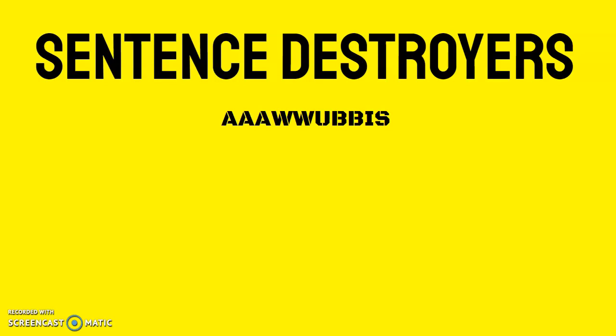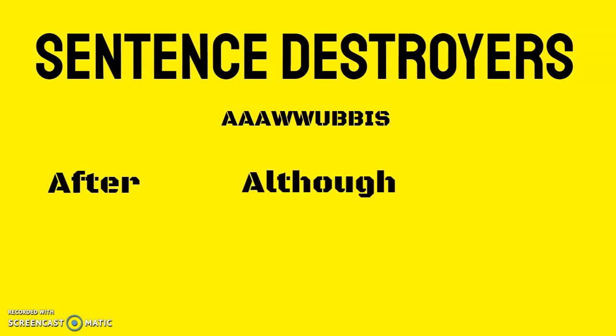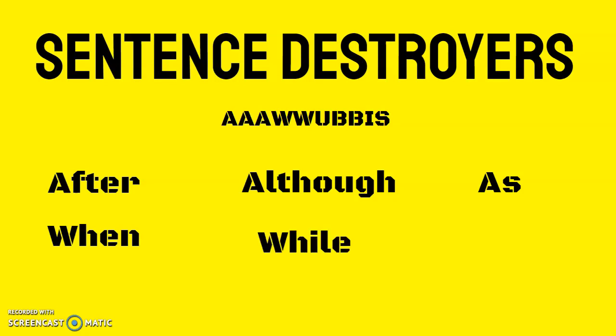Just to give you a refresher, it's AAAWWUBBIS. And that doesn't mean much to you maybe right now, but we'll get into it. So the first sentence destroyer is after. The second one is although. We've got as, so there's your AAA. We have when, while, until, so there's your WWU.